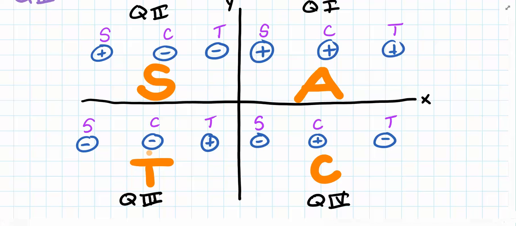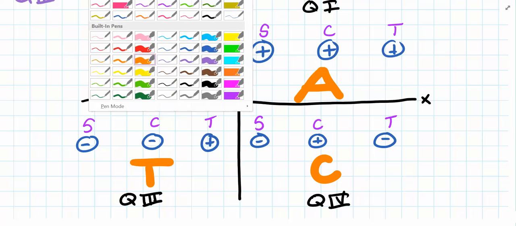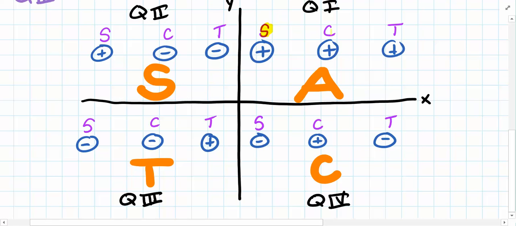Now, what does this mean? In quadrant 1, all of them are positive. In quadrant 2, only the sine is positive. In quadrant 3, only the tangent is positive. And in quadrant 4, only the cosine is positive. So all students take calculus.